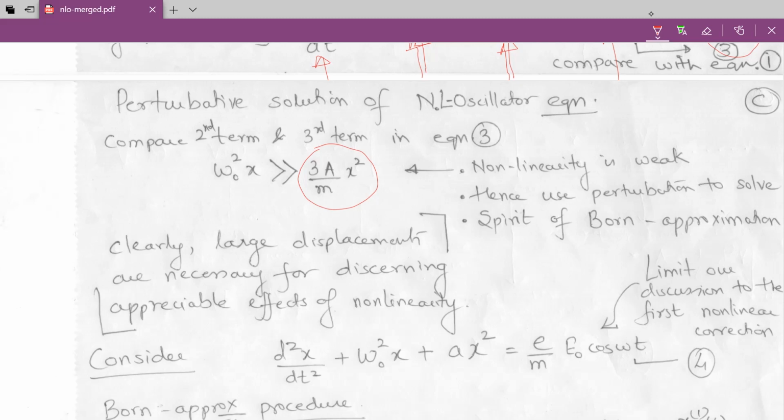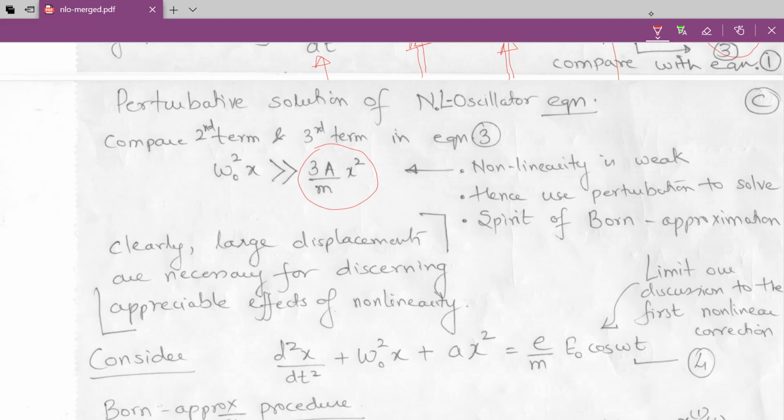So in other words, nonlinearity is weak. Hence, we are going to now solve it in a perturbative manner. Now, remember that even this nonlinear term becomes apparent only if you drive the system with larger and larger displacements. And this happens when you apply larger and larger electromagnetic field, or when the amplitude of the electromagnetic field is large enough.